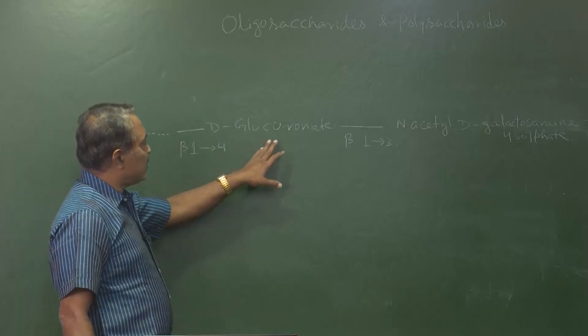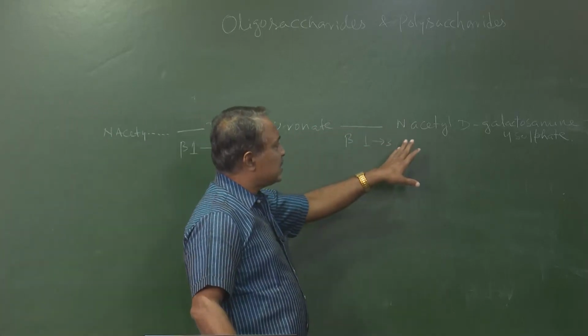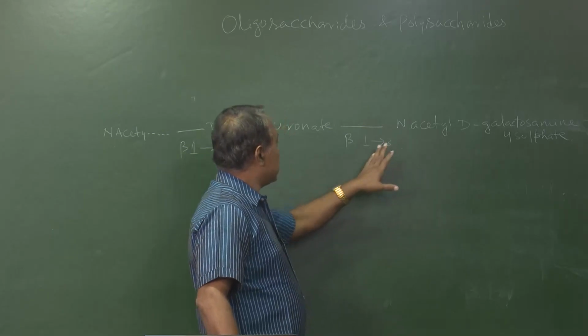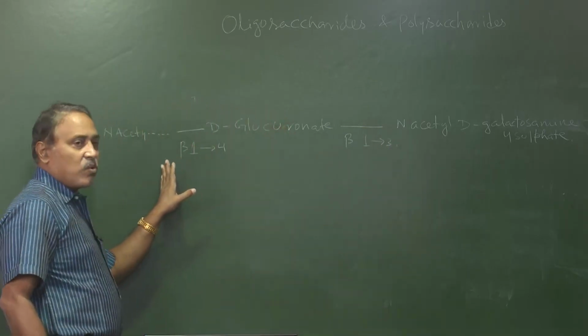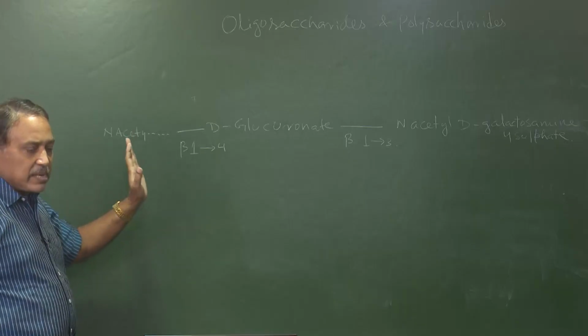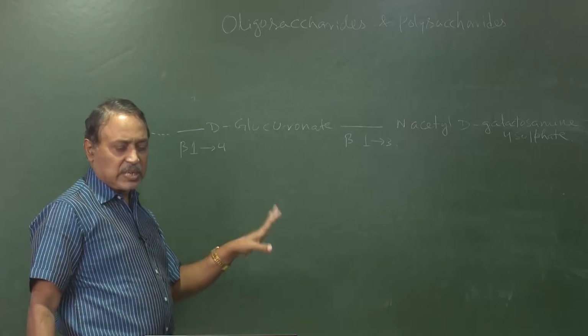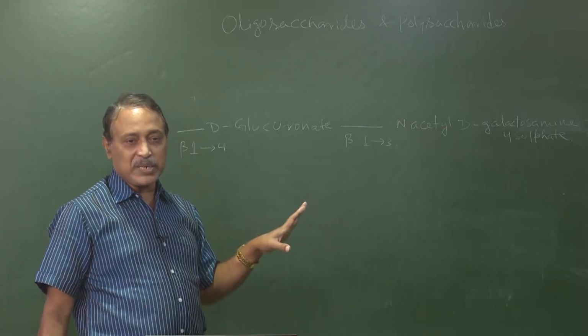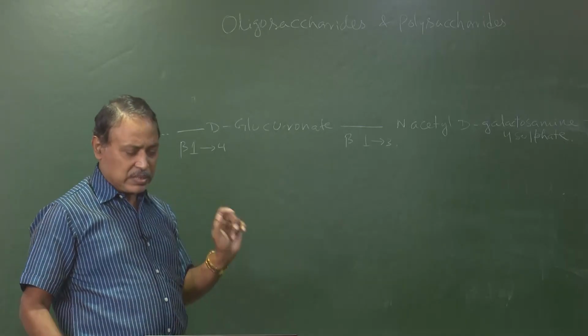So glucuronate is joined to N-acetyl D-galactosamine 4-sulfate with beta 1,3 linkage, whereas with this it is beta 1,4 linkage. Now I will just draw one such structure. I am not drawing all the structure, just for your convenience I will show you one.